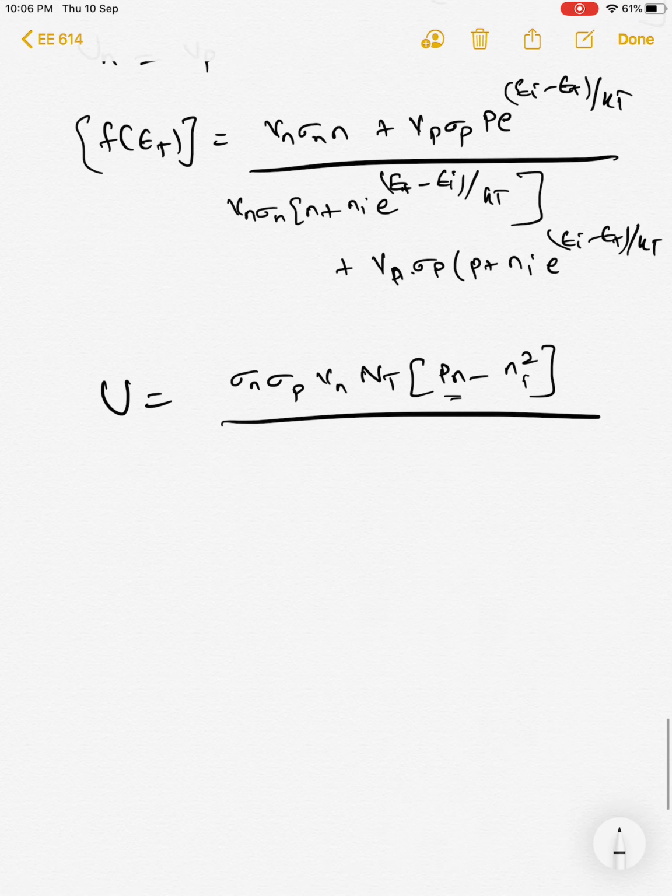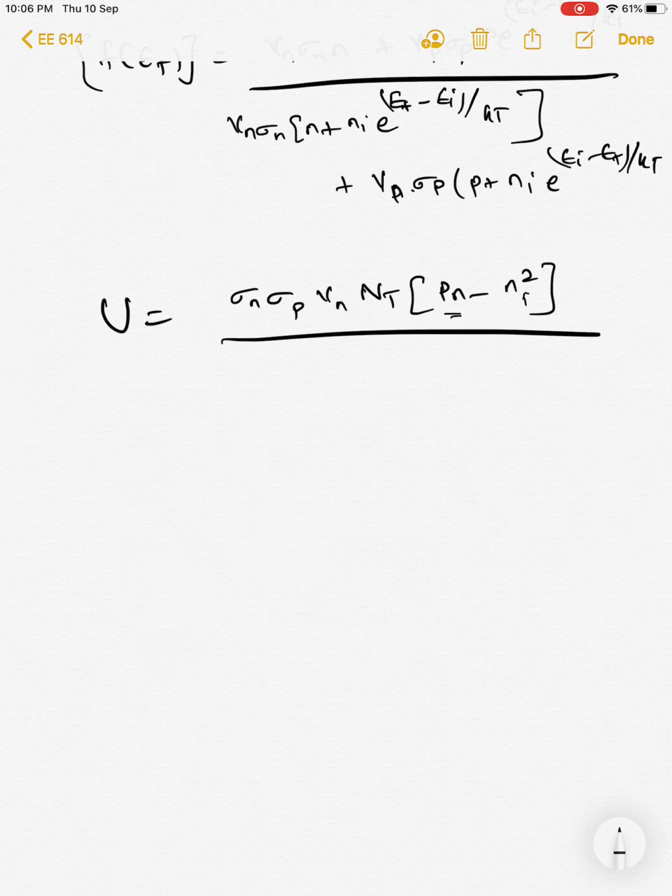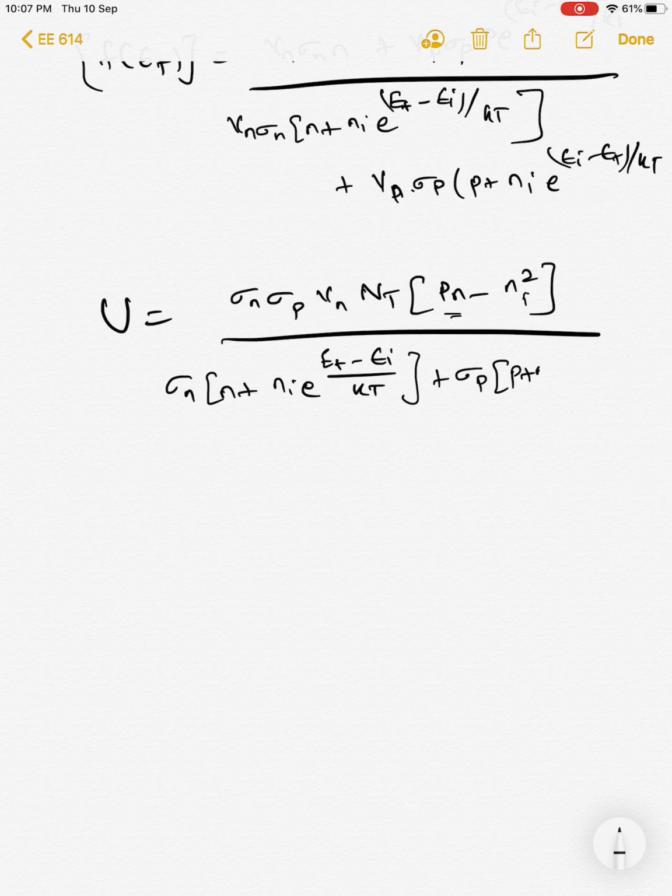This should always be true for you to have any sort of recombination, even in the direct band semiconductor case. Divided by sigma n plus ni e power et minus ei by kT, plus sigma p plus ni e power ei minus et by kT.